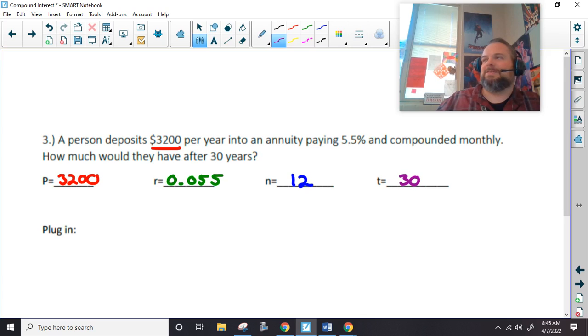Now, there's another one that throws people off. It says biannually. Biannually is every 6 months. Biweekly and every 2 weeks are the same thing.